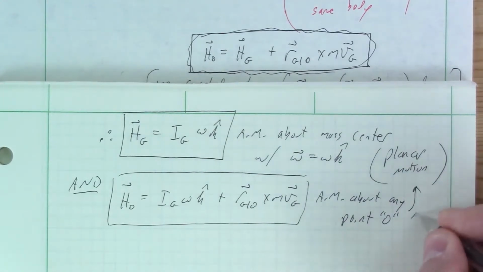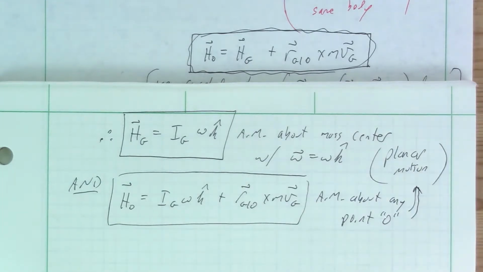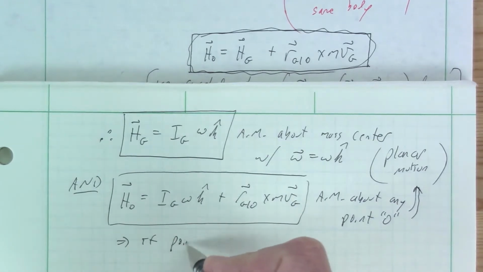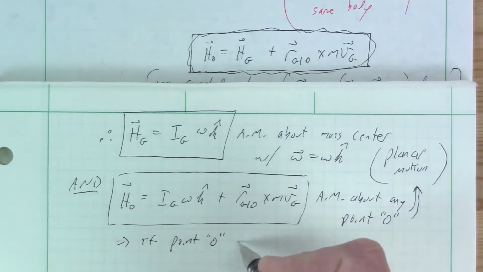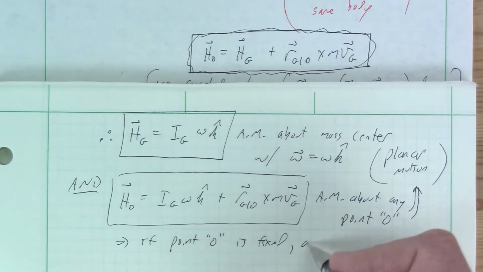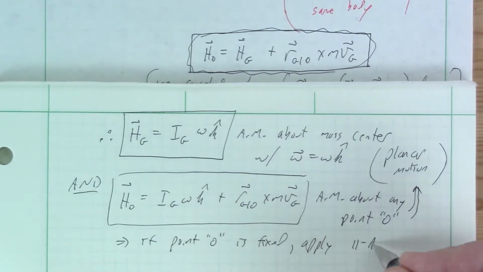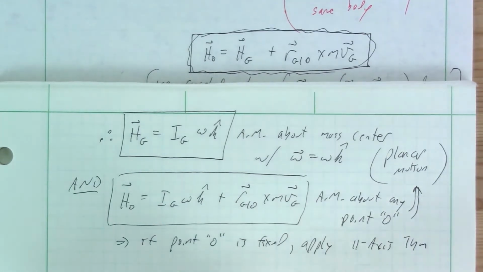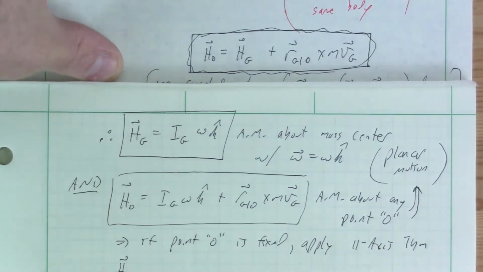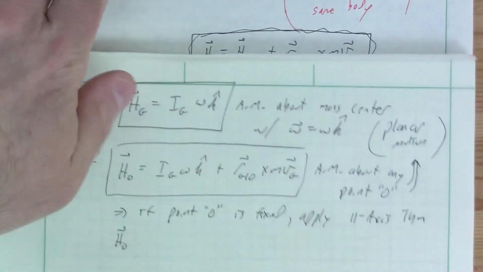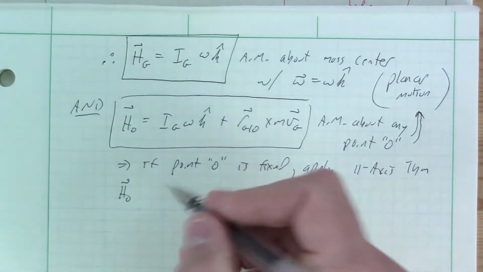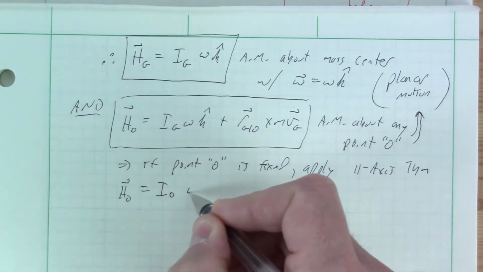Again, planar motion is what's assumed here. Now, one more thing we can say here is if the point O is fixed, meaning it's not moving, it's a fixed coordinate system here, then we can apply the parallel axis theorem, and H_O then becomes I_O omega k hat.